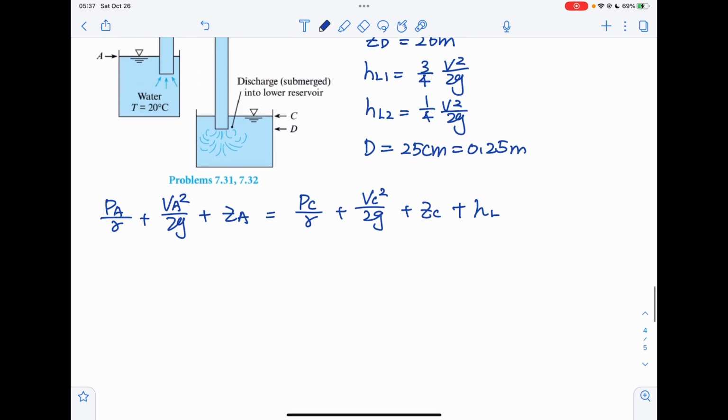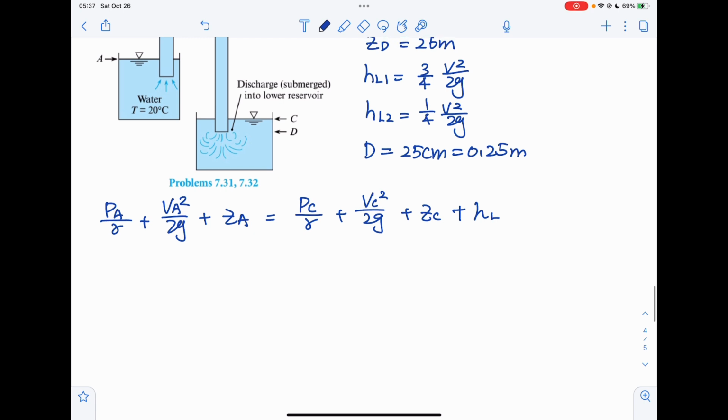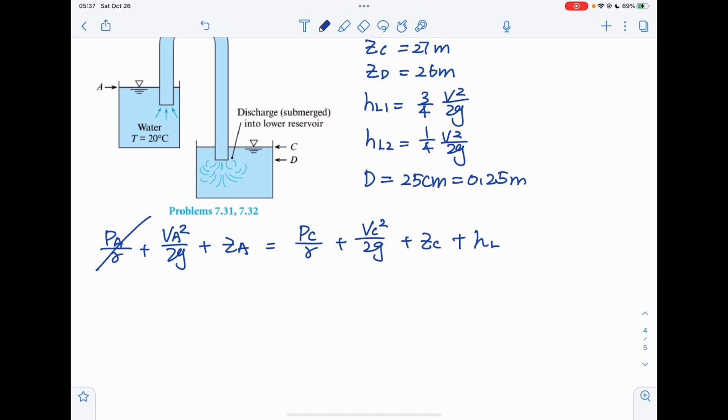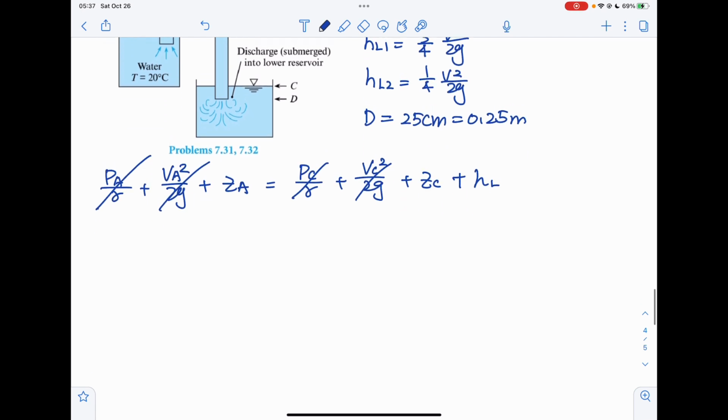As I said, the pressure is 0 and the velocity head is 0, so that leaves us only the elevation difference and head losses. So ZA equals ZC plus the head loss.